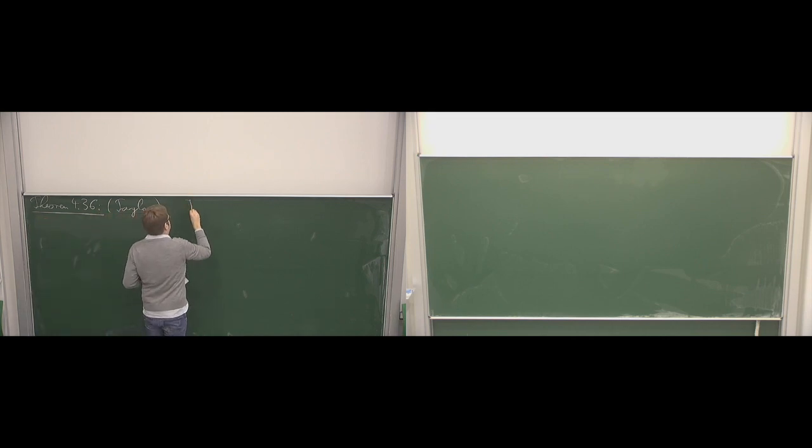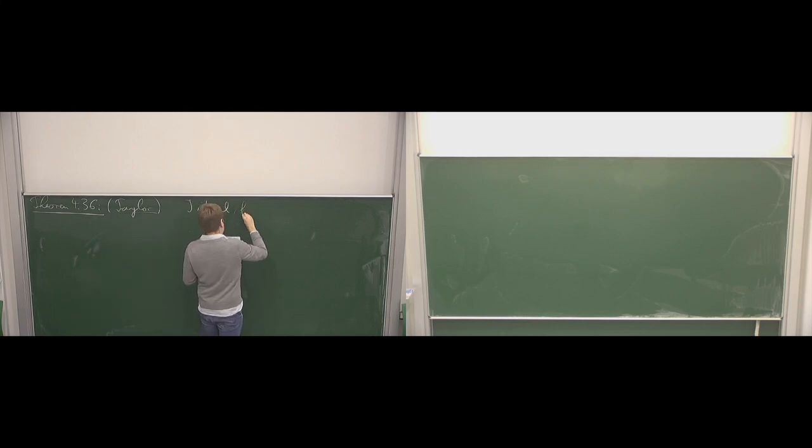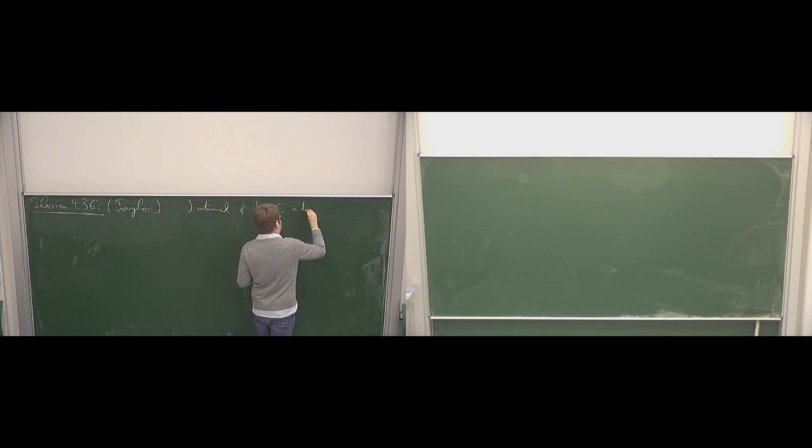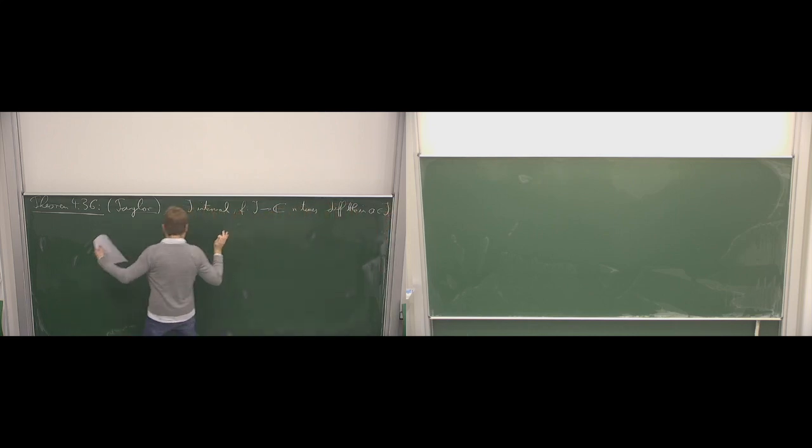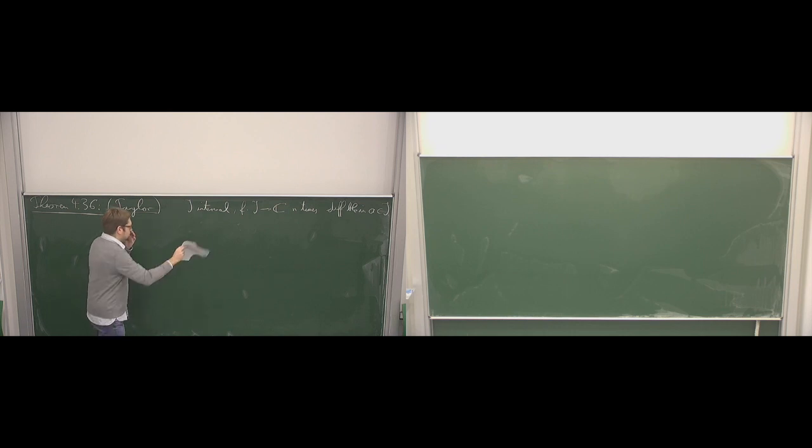So assume we have an interval I. We have a function from I to C, which is n times differentiable in a point a which lies in the interval I. So f is as a whole n minus 1 times differentiable and n times differentiable in this point a.